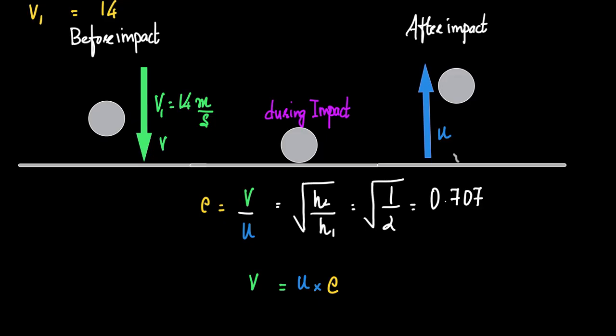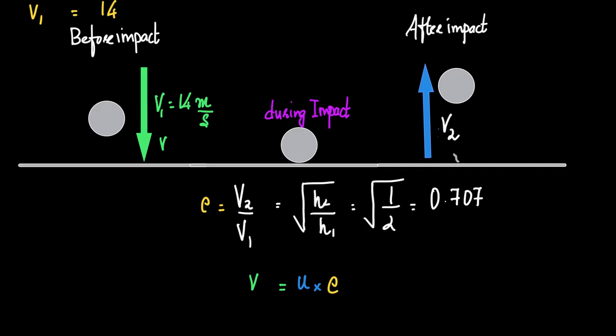Just to make sure that you understand the concept clearly, I will write this as: after impact, the velocity is v2, and before impact, it is v1 here.